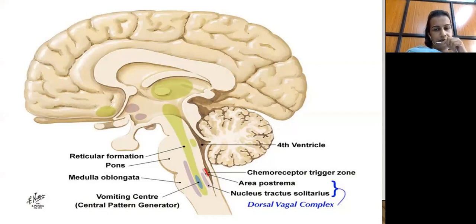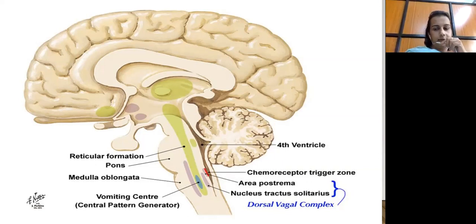This picture shows where all these regions are situated. We've got the CTZ, the chemoreceptor trigger zone, in the base of the brain near the fourth ventricle. And the important thing is it doesn't have any blood-brain barrier. The other structures involved are the nucleus tractus solitarius, the medulla oblongata, and the pons, and the vomiting center is quite nearby.